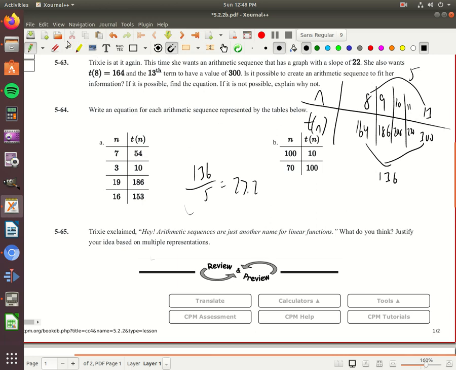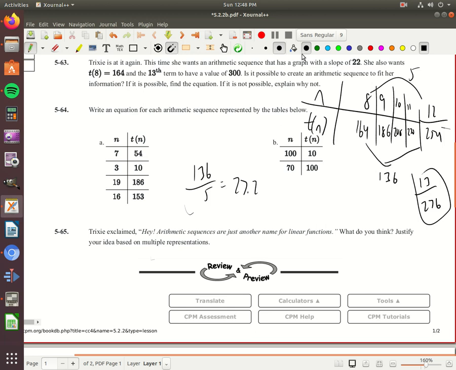I'm kind of running out of room. But my 12th term would be 254, and then my 13th term would be 276, not 300. So yeah, it's not going to work.